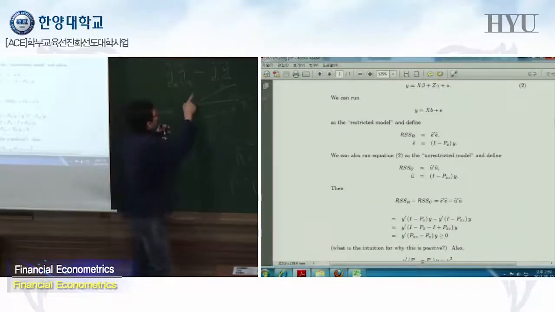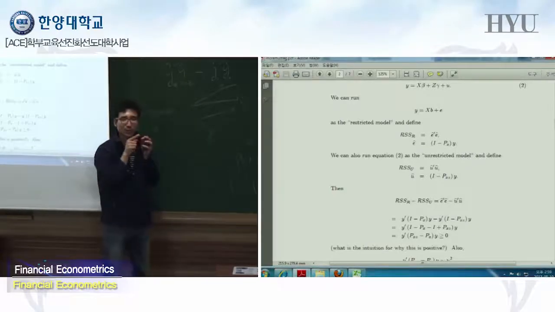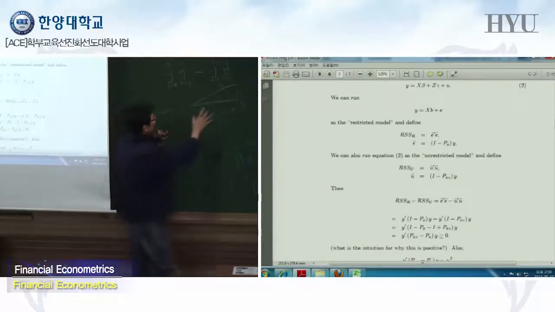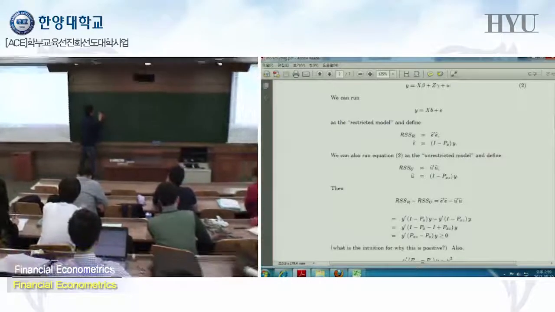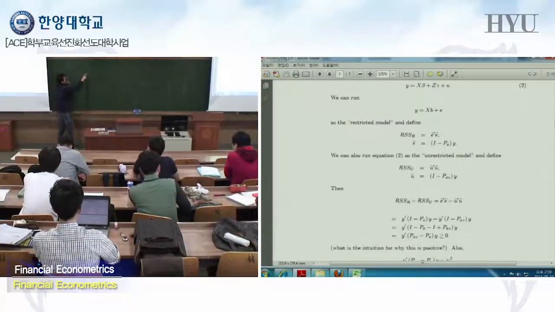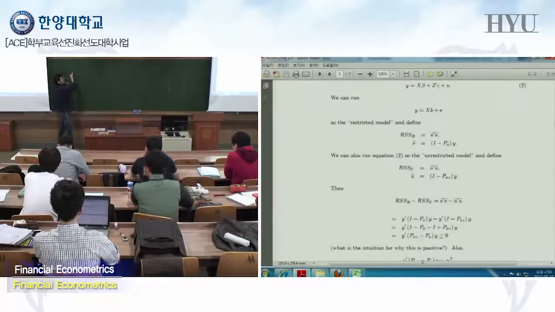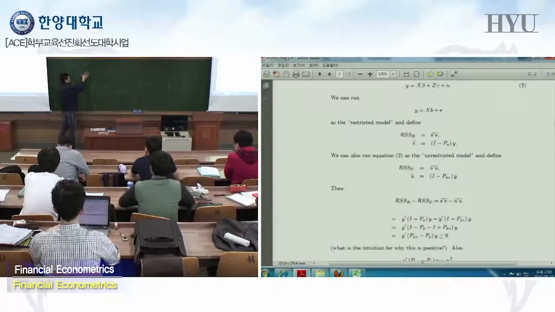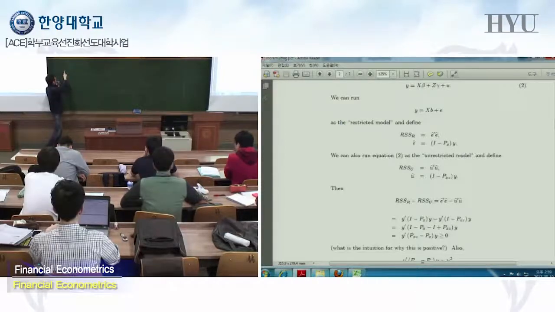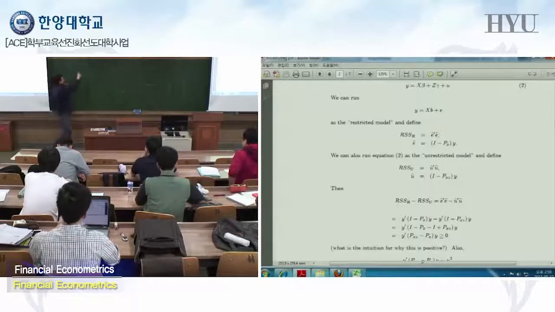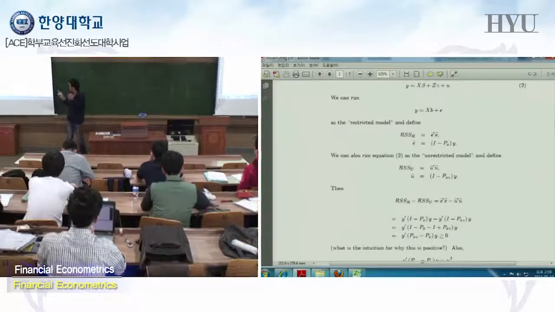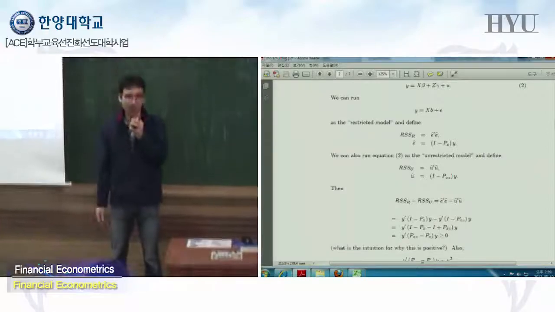So the image of this one should be a better fit, right? Because we use two pieces of information. So this y hat should be longer than this one, right? This is like regression on x and z, and this is like regression on x. Again, since we use more information, this should be a better fit, which means this is smaller and this is larger. Therefore, y hat prime y hat on the xz plane should be larger than this one. So this should always be greater than or equal to 0.